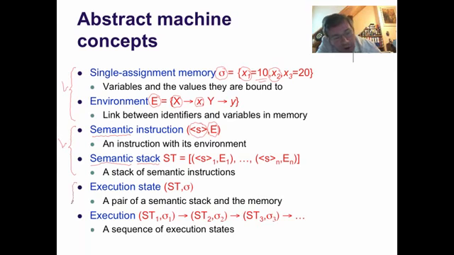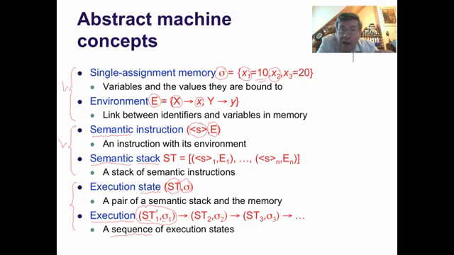The third part here is the actual execution. This consists first of an execution state. At any moment in time, we have a semantic stack and a memory: the instructions that have to be executed and the memory that they work on. Then the actual execution is a sequence of these states. We start with an initial state, an initial semantic stack and an initial memory.